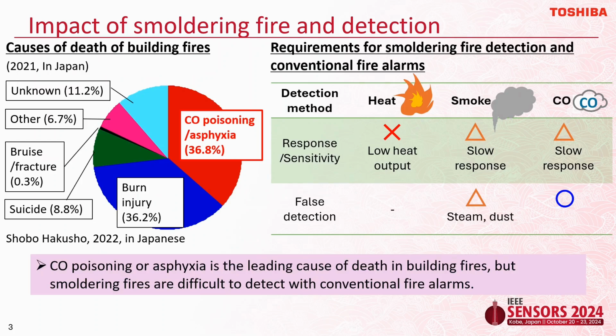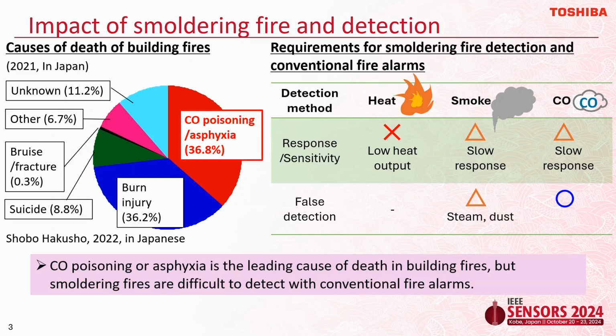This figure shows the causes of death of building fires. As you can see, CO poisoning and asphyxia is a leading cause of death. CO is known to be generated by smoldering fire. This table shows requirements for smoldering fire detection in conventional fire alarms. There is little heat output in smoldering fire because there is little flame, making them difficult to detect with conventional heat detection methods.